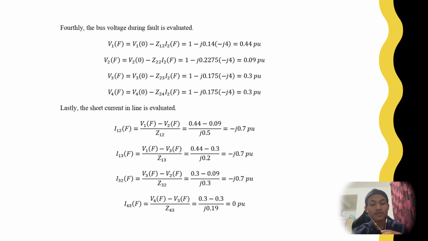For the line current during the fault in 1 to 3, we got minus j0.7 pu. For the current from 3 to 2, we got negative j0.7 pu. But for the current from bus 4 to 3, we got 0.